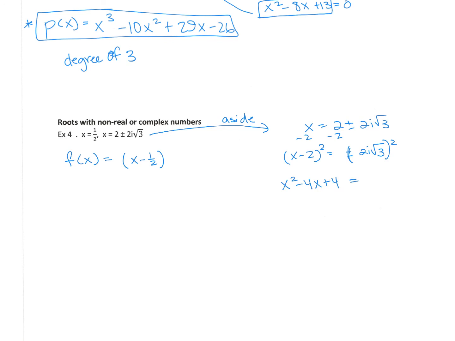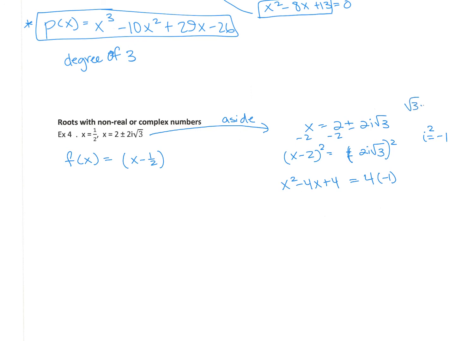Now on the right, I basically have to square each term. There's no plus or minus here, so this isn't boiling or anything. I just have to square each term. So 2 squared is 4. i squared is negative 1. Remember, i squared equals negative 1. So i times i gives me a negative 1. And the square root of 3 times the square root of 3 is the square root of 9.